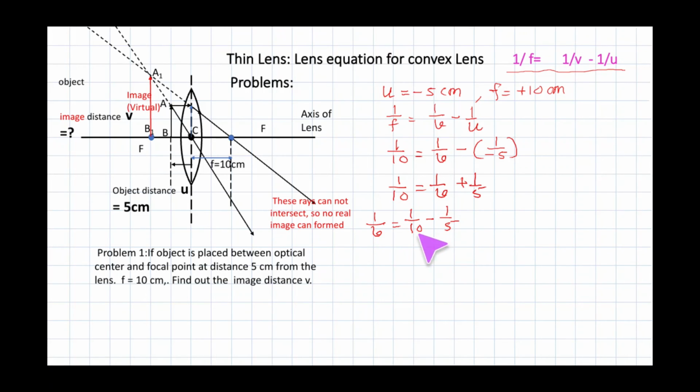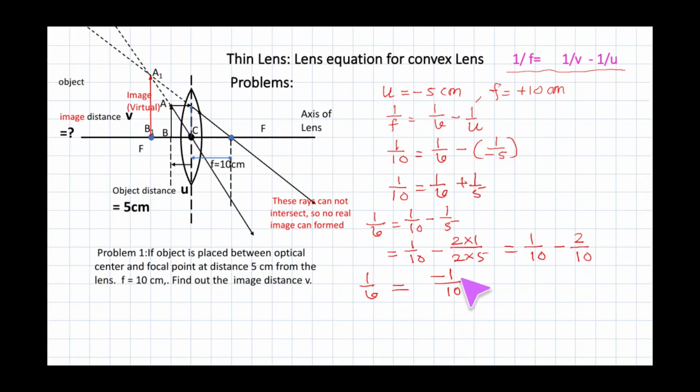As these bases are different, we make the base the same, multiplying and dividing by 2, so that is equal to 1 upon 10 minus 2 upon 10, and now we can see that 1 upon v is equal to minus 1 divided by 10.